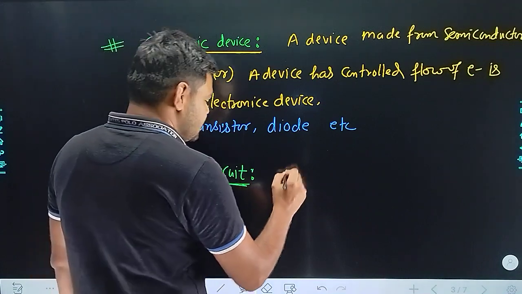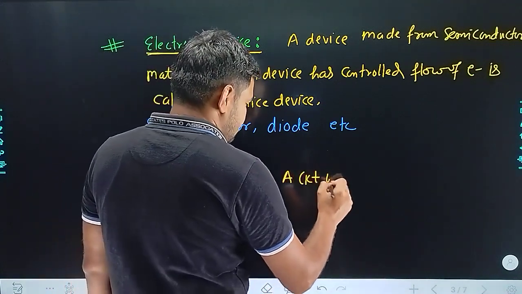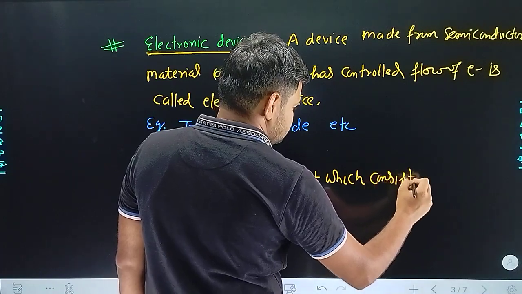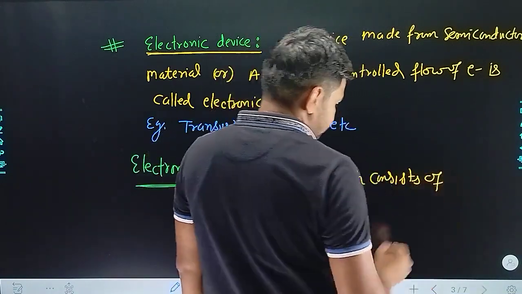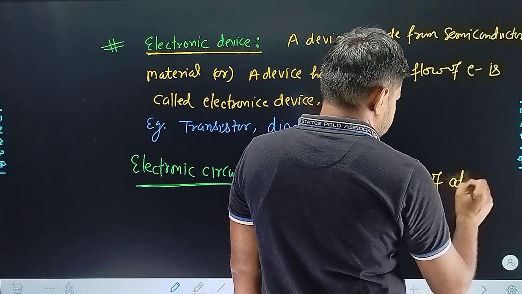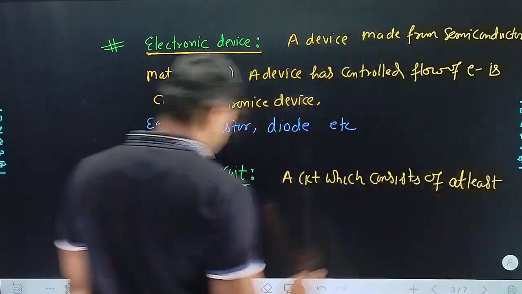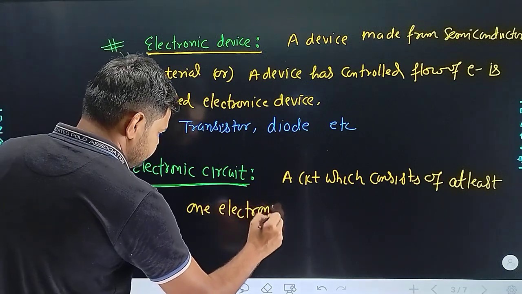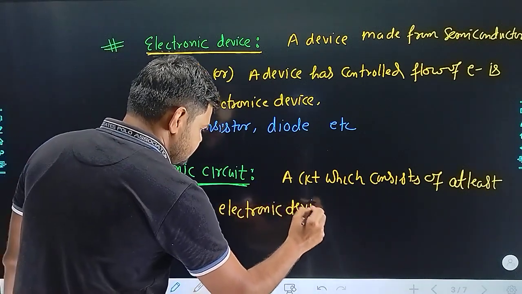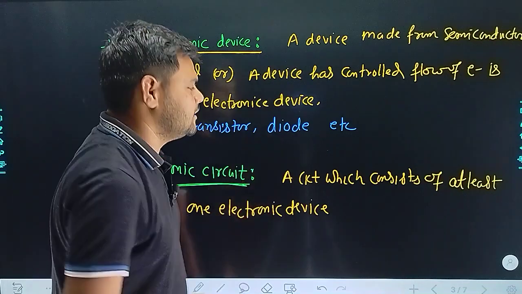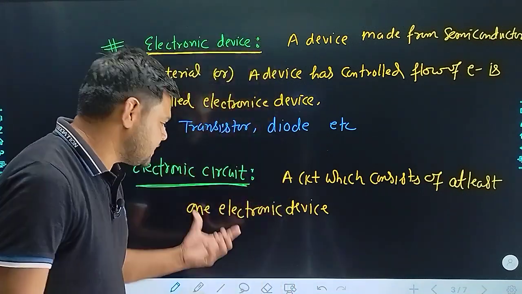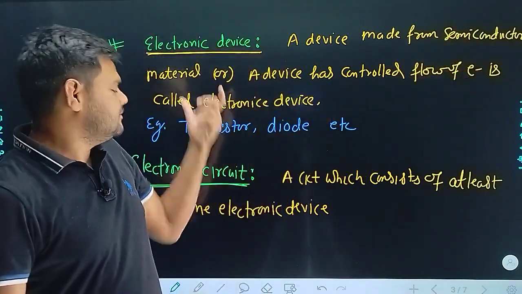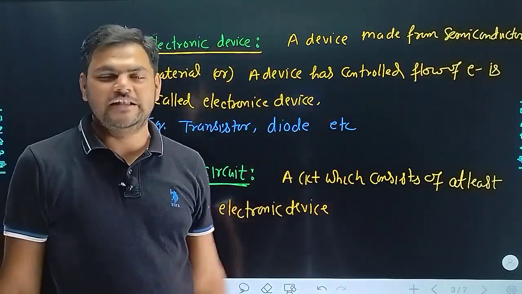What we will write now? A circuit which consists of at least one electronic device. What is electronic device? A device made from semiconductor material, which means a circuit consisting of a semiconductor material device is called electronic circuit.